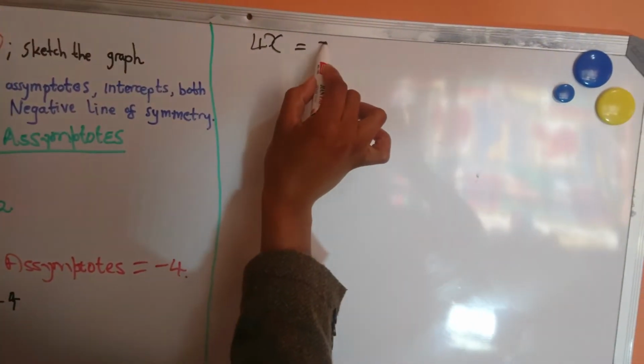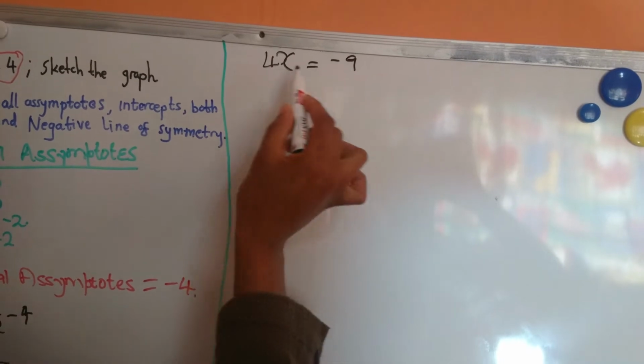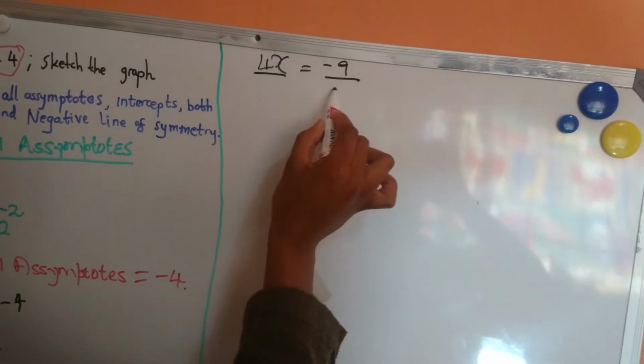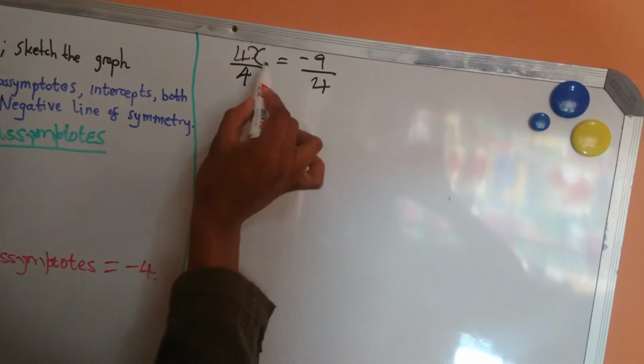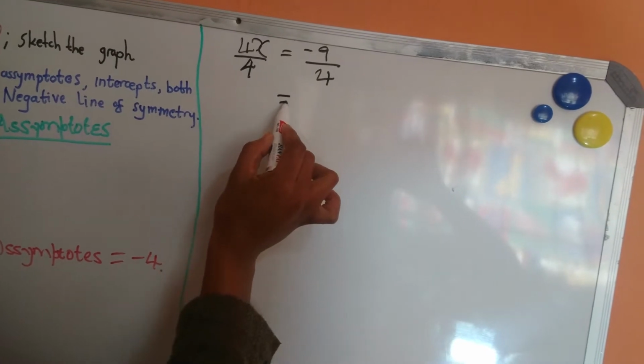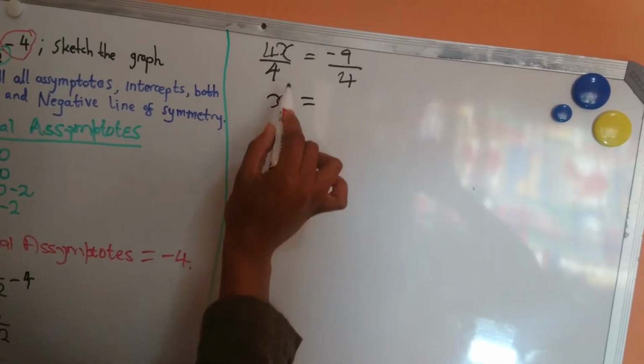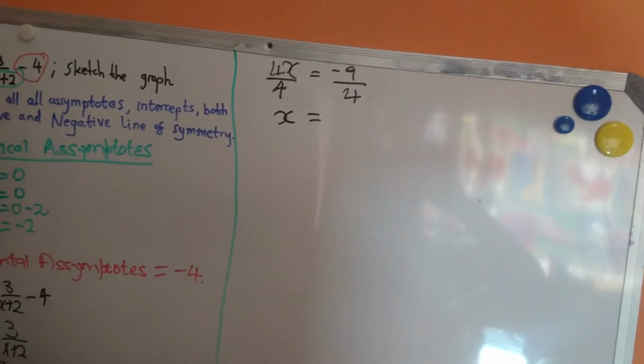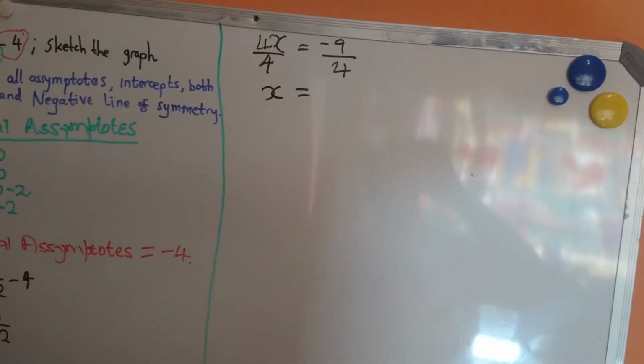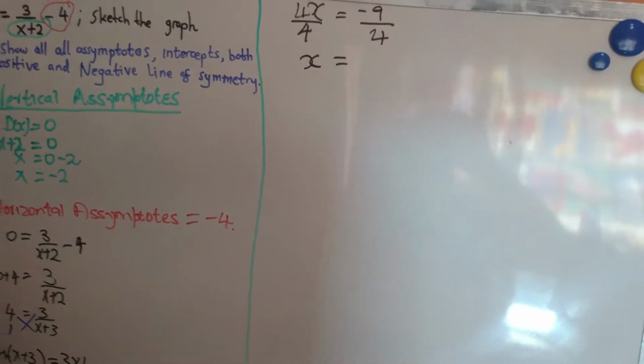Can you write small so that everything fits? Try to write small numbers so there is enough space for the whole graph. So x equals negative 9 over 4.